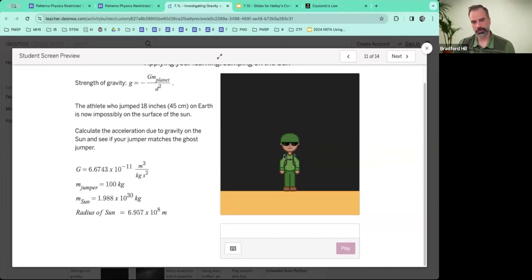Anyways, there is a cool little thing in here that once you enter a number and you hit play, yeah, my number was too close. Let's just say if you thought gravity on the sun was the same as gravity on Earth, you would say 10 meters per second squared. Or this is a lot, and I didn't mention this till now, the same units, 10 newtons per kilogram.